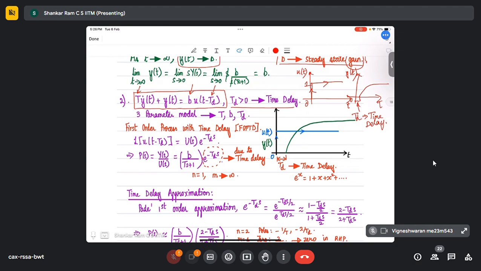Okay. Even the brake pedal, because when we apply the brake pedal, the brake pressure is not going to immediately increase. It is only going to increase from 0 after a certain interval of time. So that's one more example of time delay.